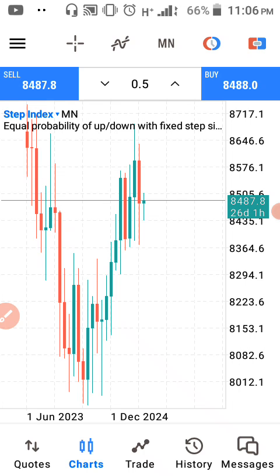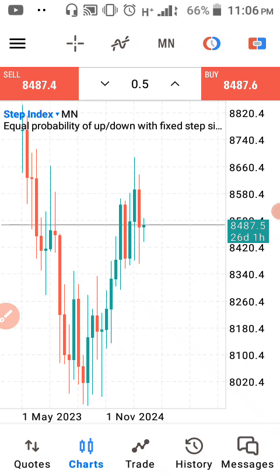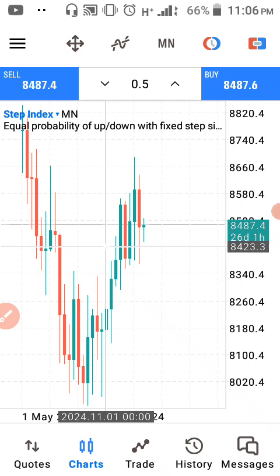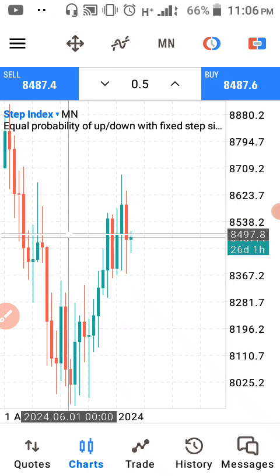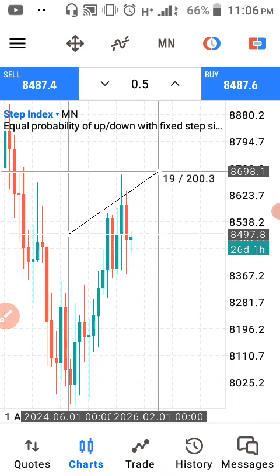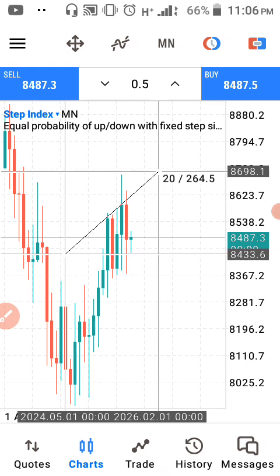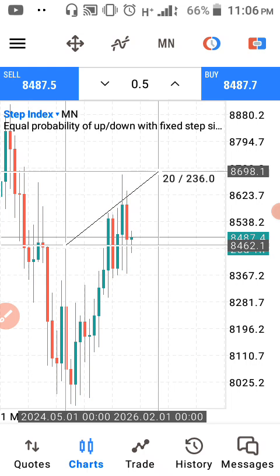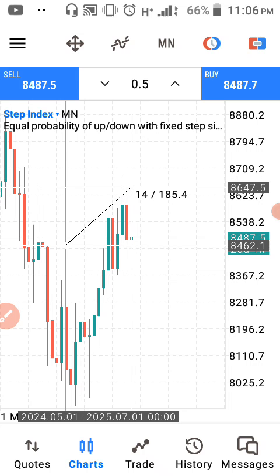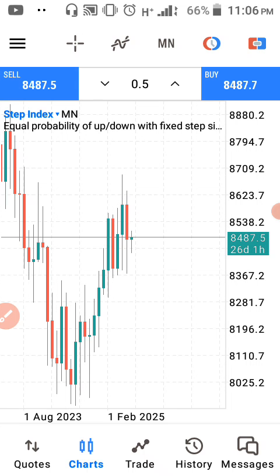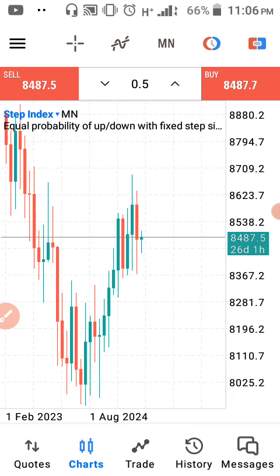It ate up all our money. We didn't make any profit from that. But I can assure you that when you come into the monthly time frame, you can go full margin on it. The monthly time frame moves with more profitability than any other younger time frame.